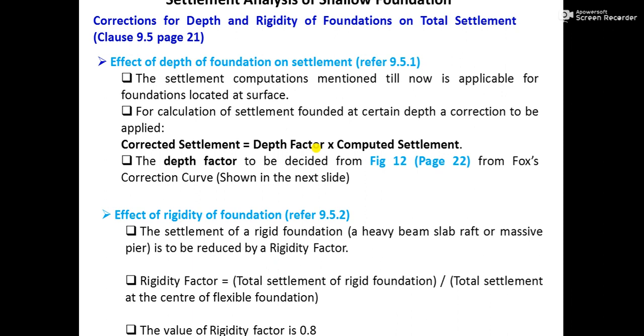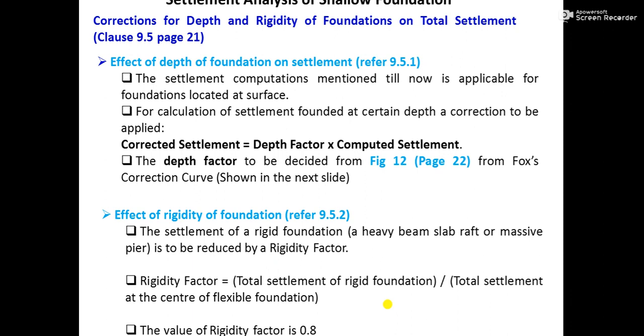After you correct the settlement for depth factor, if the foundation is a rigid foundation, what kind of foundation is rigid? A rigid foundation is something like a heavy beam slab raft, that means a very heavy raft, or a very heavy pier.